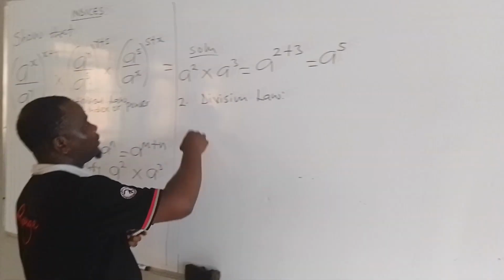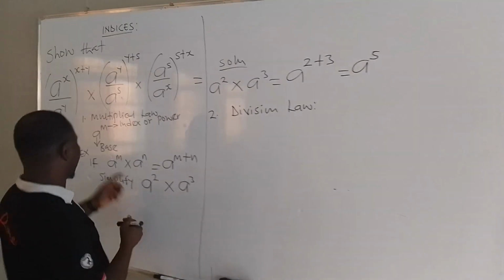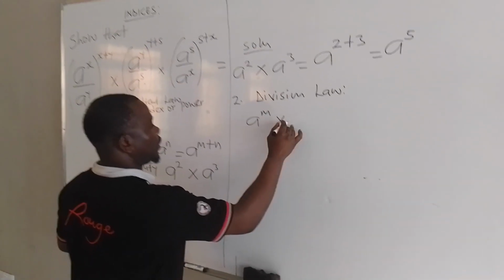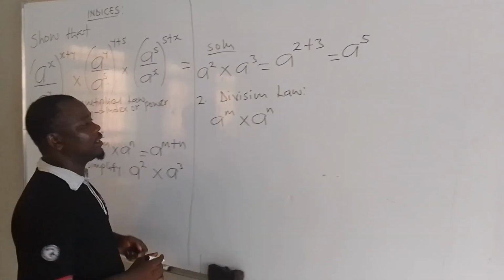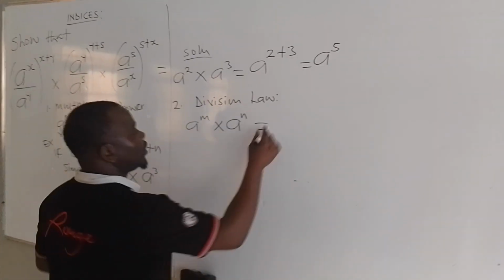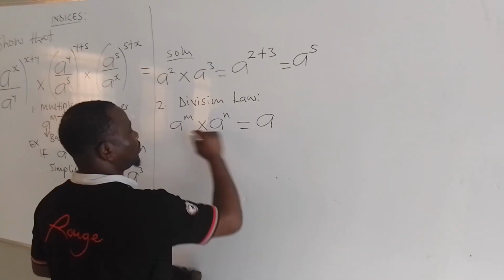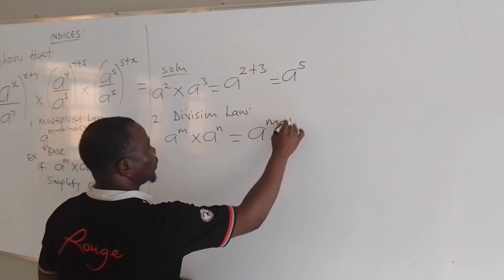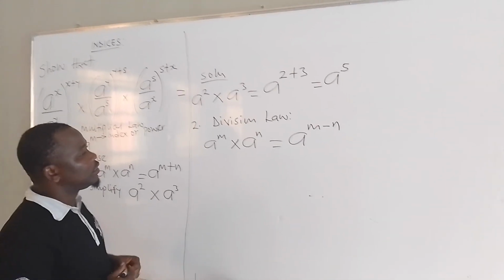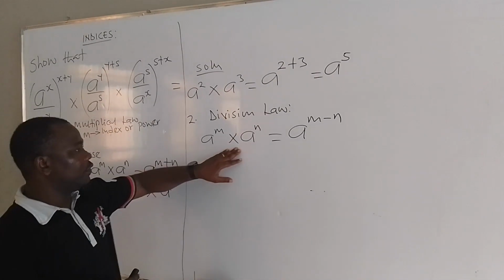Look at this. Okay, let's look at it. If we have a raised to the power m over a raised to the power of n, it implies that since the bases are the same, you write a raised to the power of m minus what? n.